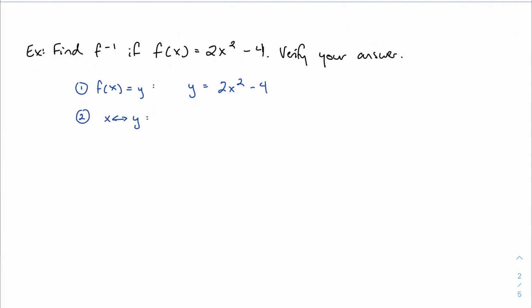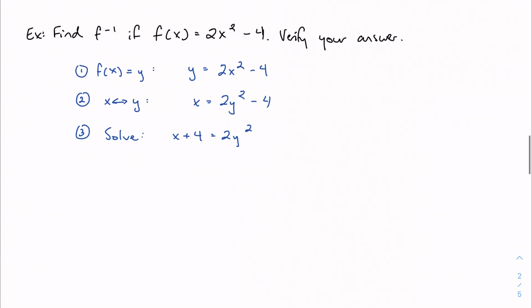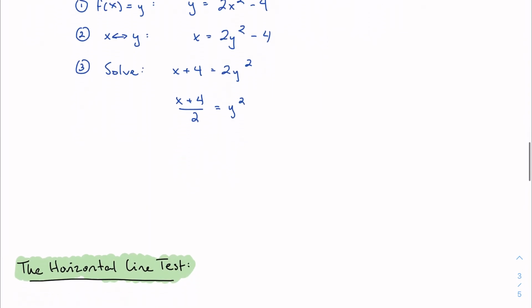So I'll have x equals 2y squared minus 4. And then I want to solve. I'm going to divide by 2 or multiply by 1/2, whatever you feel like. I'm going to take the square root. And so normally when we do this, it would be plus or minus.